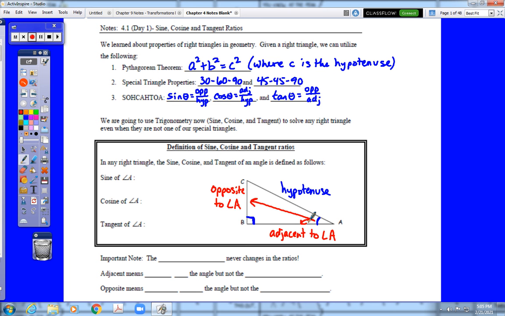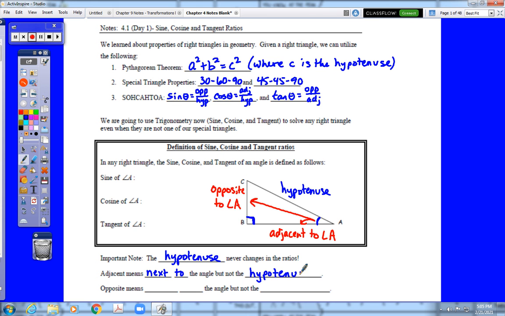Okay? A couple things to note before I define sine, cosine, and tangent. Number one, the hypotenuse is always the hypotenuse. It doesn't matter which angle we're working with, the hypotenuse is still the longest side. It is always opposite the right angle. Adjacent means next to, but not the hypotenuse.